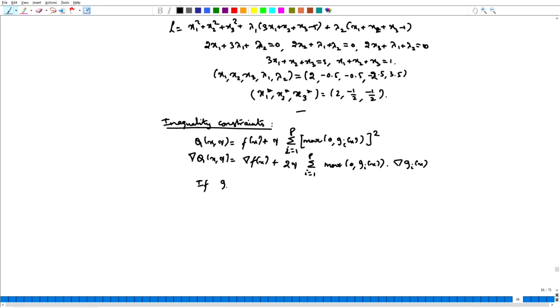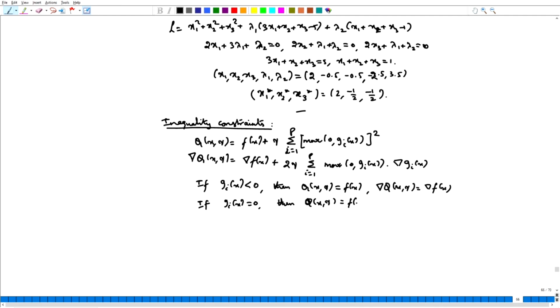If gi of x is less than 0, then q of x comma gamma is f of x and del q of x comma gamma is del f of x. And if gi of x equals 0, then q of x comma gamma is f of x plus gamma gi of x the whole squared, but gi of x is 0, so it is just f of x.